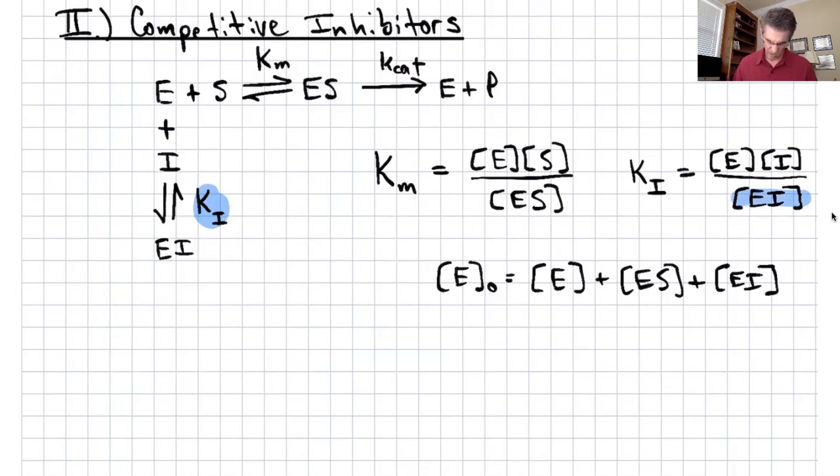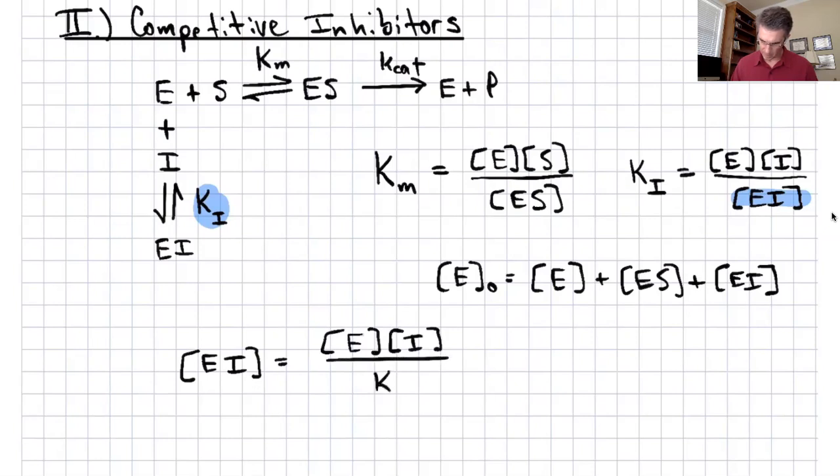That's pretty easy, right? The concentration of the enzyme inhibitor complex has to be equal to the concentration of free enzyme times the concentration of the inhibitor divided by the equilibrium constant for binding. Okay, that's cool, not such a big deal.